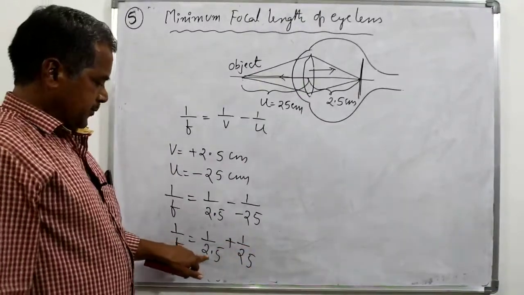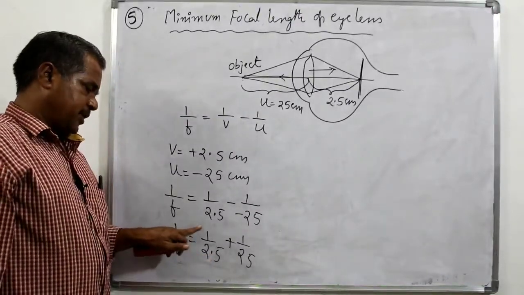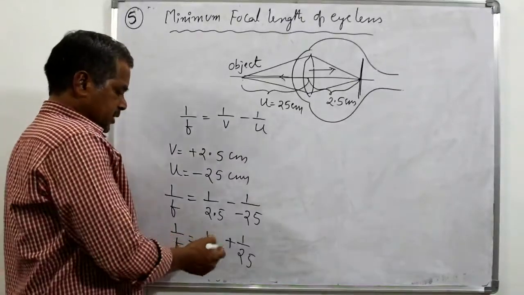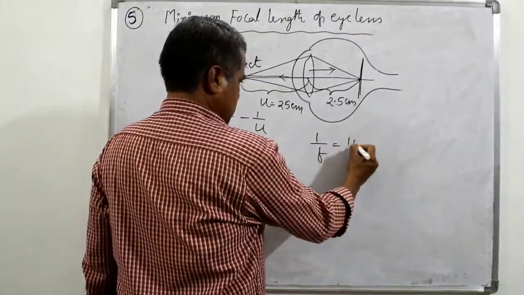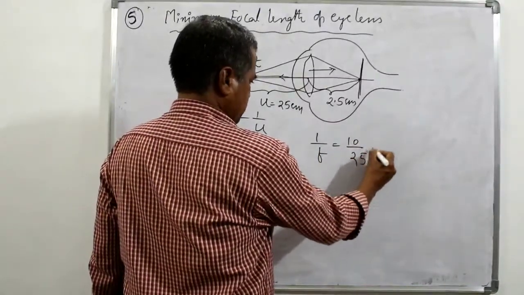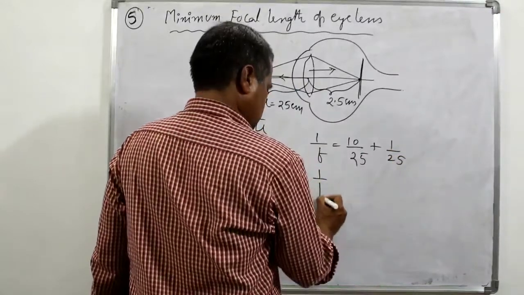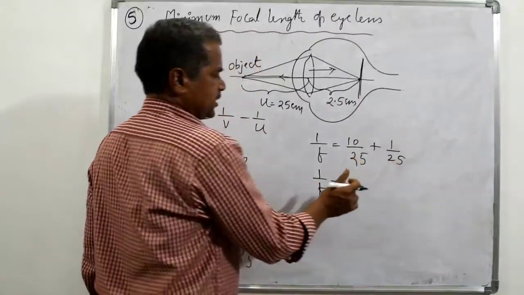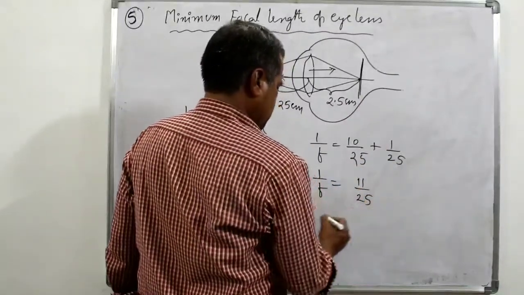To remove the decimal point in the fraction, we multiply both numerator and denominator by 10. Then we get 10 by 25. 1 by f is equal to 10 by 25 plus 1 by 25. These are similar fractions because both have the same denominator. So 1 by f is equal to 10 plus 1, 11 by 25.